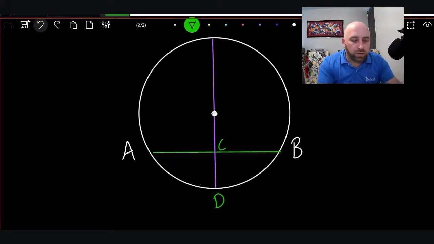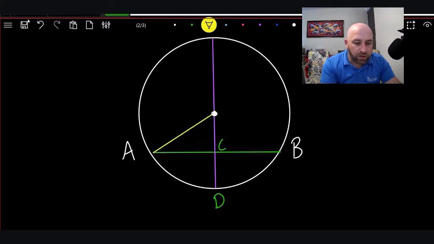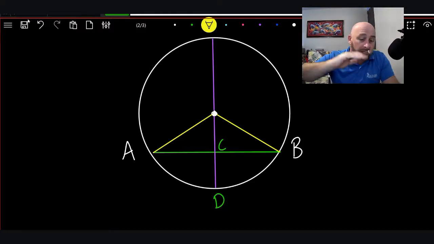We can also notice some other things here, things that we've already talked about in other chapters, other lessons. Notice that this would create a triangle right here, and we know what kind of triangle that creates. That's going to create an isosceles triangle, and no matter where that chord is, it's still going to create an isosceles triangle.